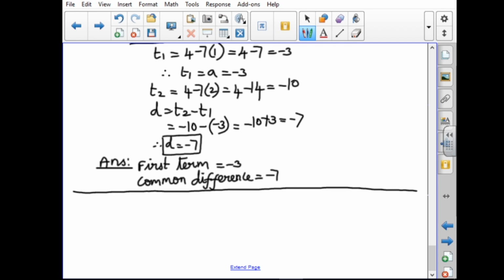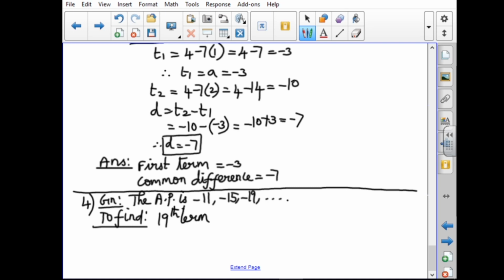Next, fourth sum. Find the 19th term of an AP. The AP is given: minus 11, minus 15, minus 19, etc. To find, they asked us to find the 19th term.